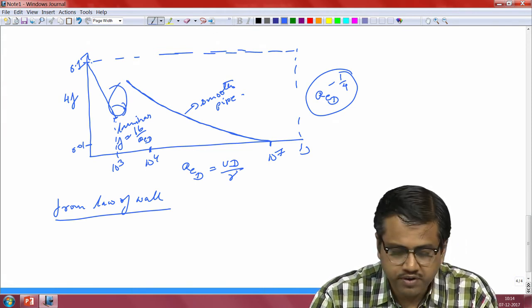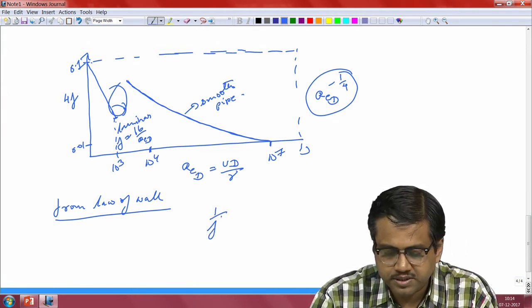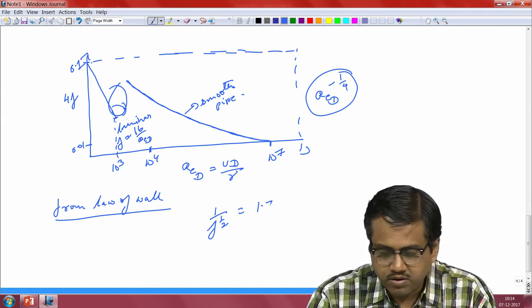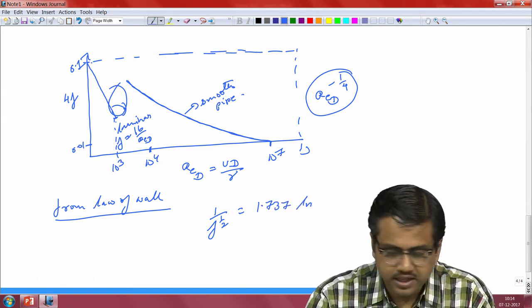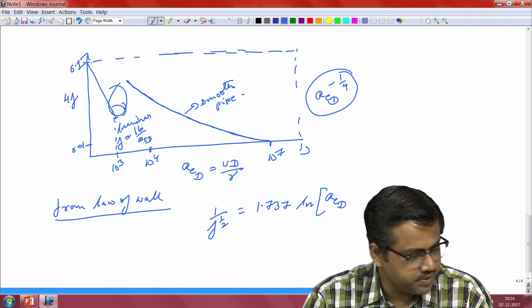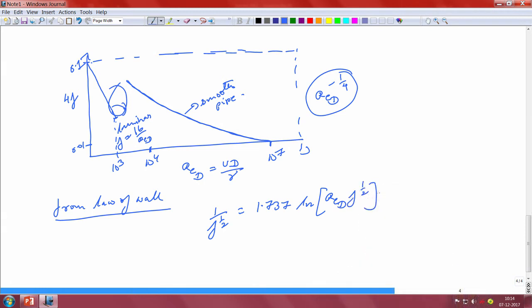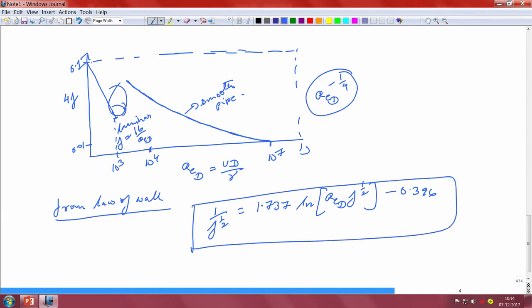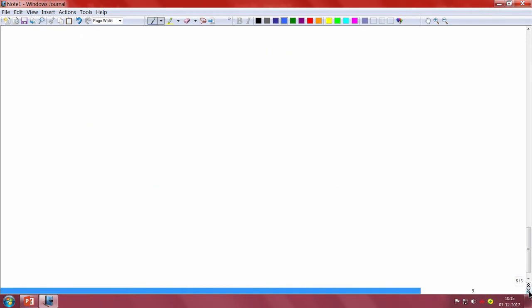There we found that the friction factor would be something like 1.737 ln Reynolds number d minus 0.396. This comes from the law of the wall. So, these are two interesting things we can observe: in two ways we have determined the same thing. Now, we go to the heat transfer coefficient.